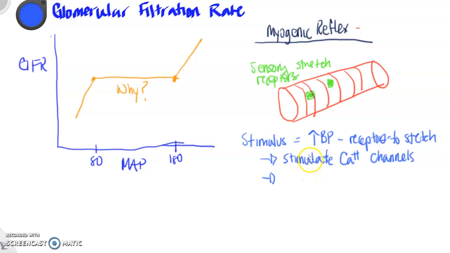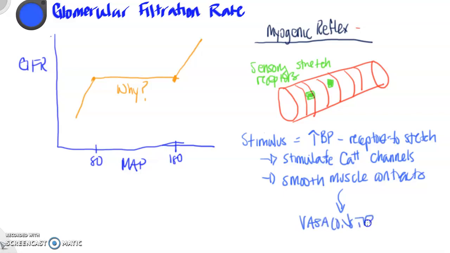And when those are open and calcium is moving in, it causes the smooth muscle to contract. So that is vasoconstriction. And it occurs instantly. Lightning fast.